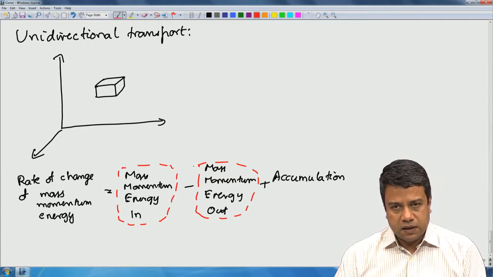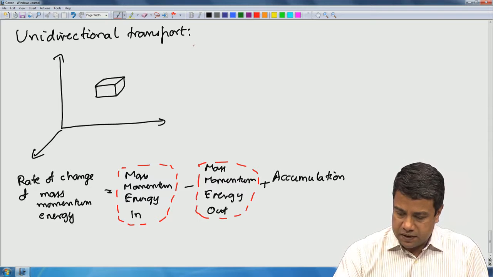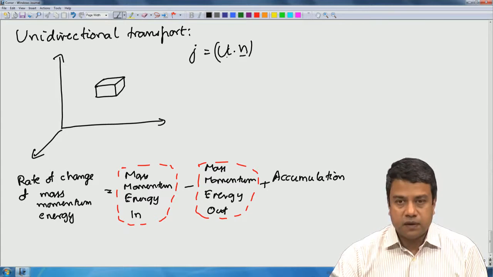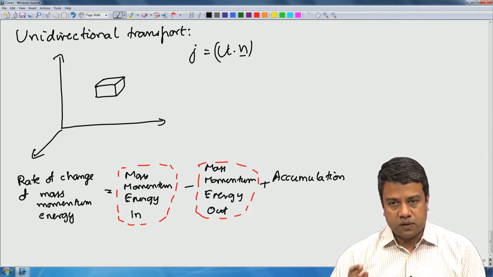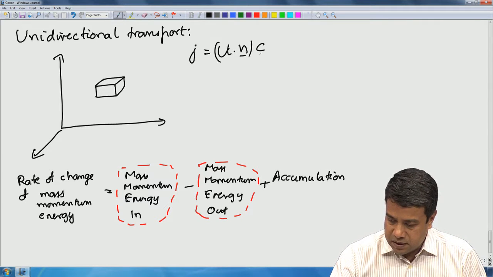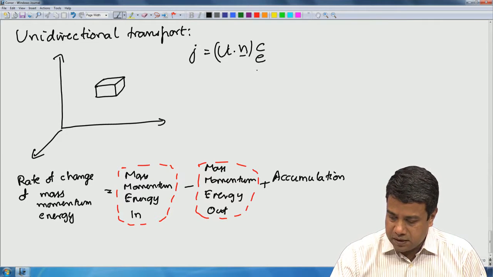In the case of convection, the flux J is just equal to u dot n, the velocity dotted with the unit normal to the bounding surfaces, times the concentration density, energy density or momentum density.